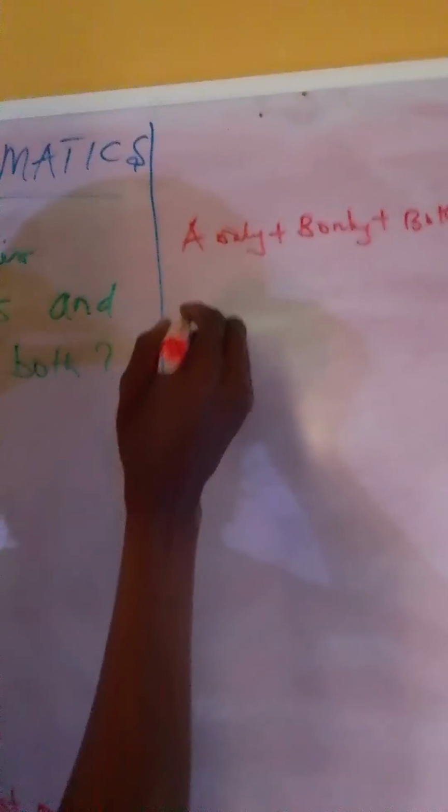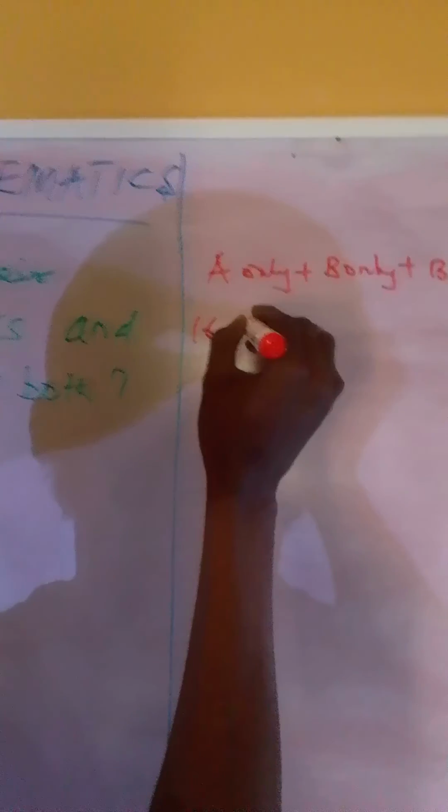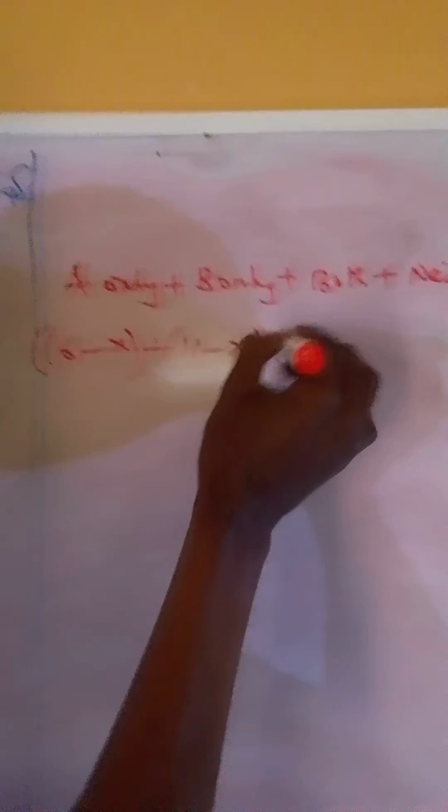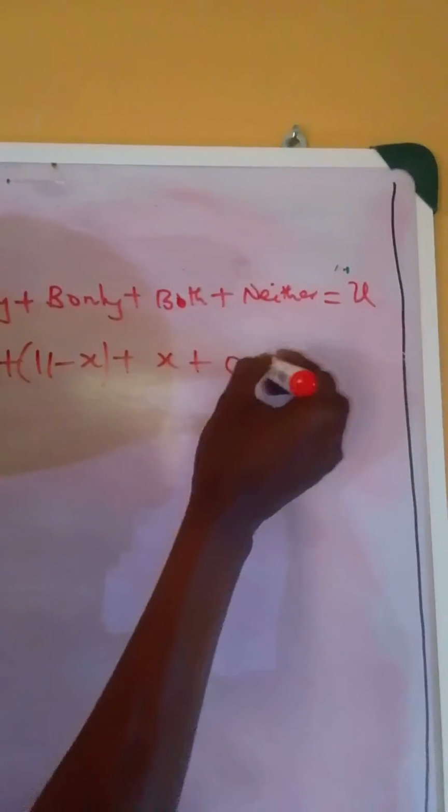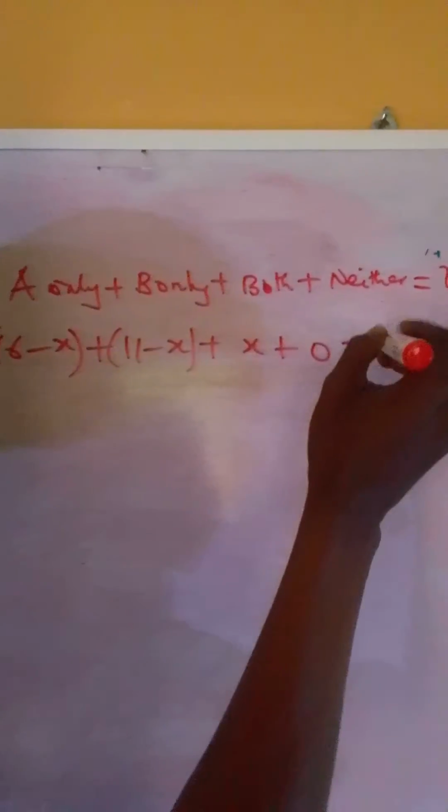So A only, 16 minus x, plus B only, 11 minus x, plus both, x, plus neither, 0, no information like that given, then equal to 25 being the universal set.